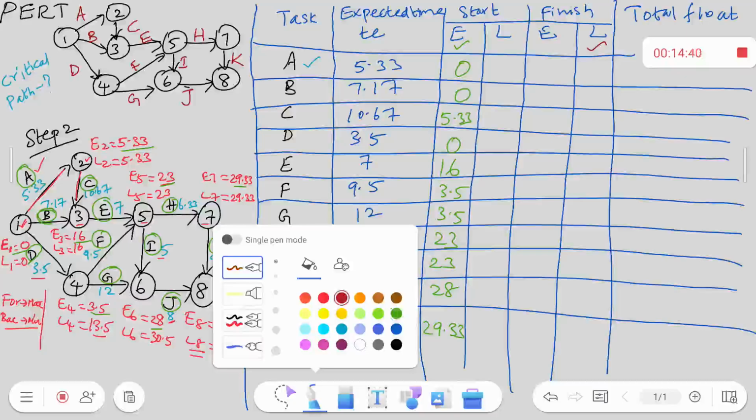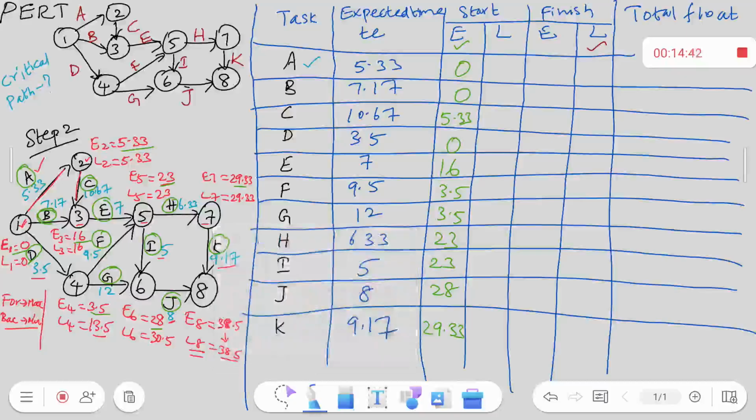Okay, let me go for writing the latest finish time. For A, the latest finish time takes 5.33 units of time, so I fill it as 5.33. When you take B, my latest finish time is 16, so I put 16 here.